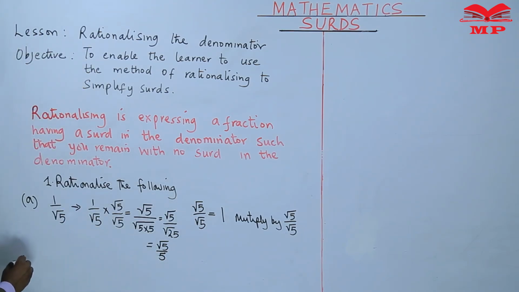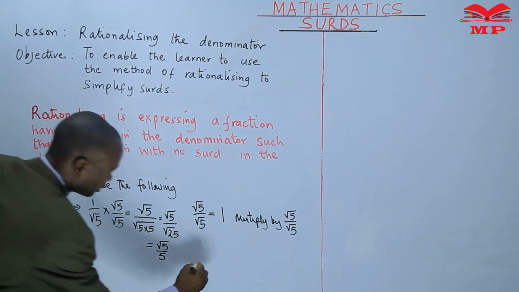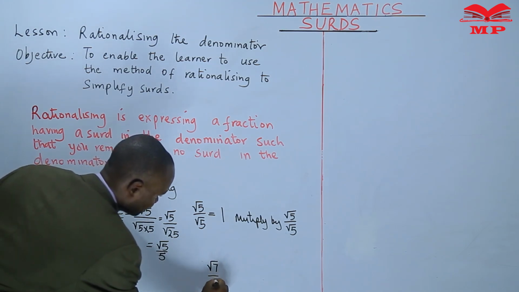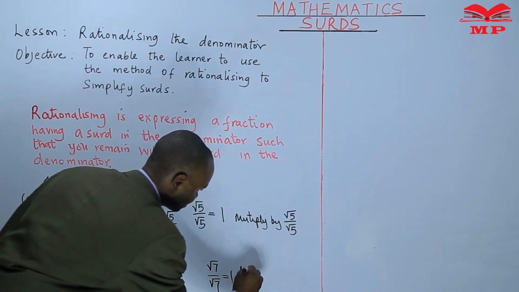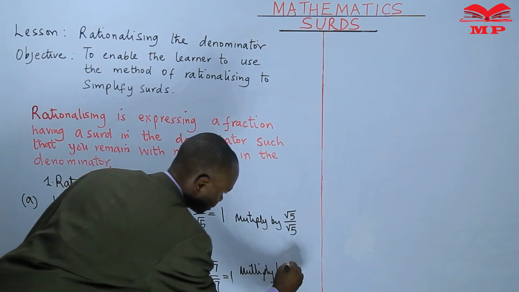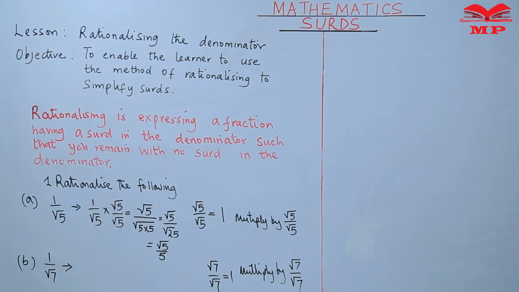B, 1 over square root of 7. It will still be the same. Square root of 7 over square root of 7 will be 1, so you'll multiply by square root of 7 over square root of 7. You don't seem to be changing it. That's why they say you are rationalizing.